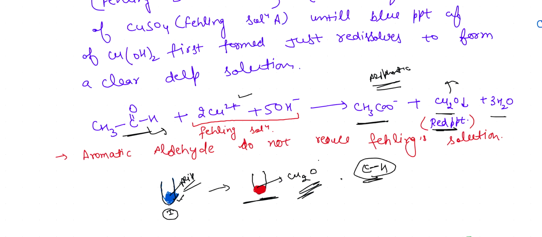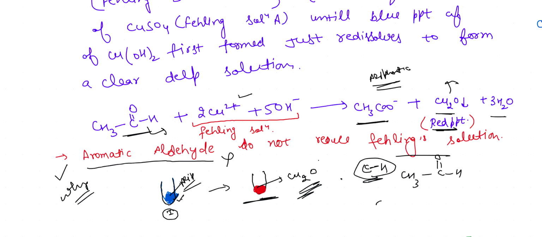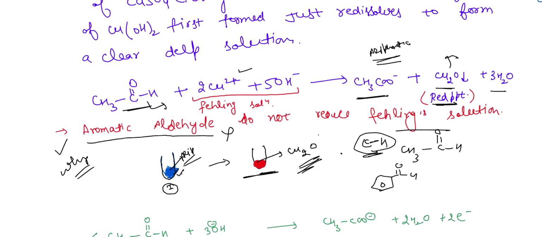And the next one I told you, aromatic aldehyde does not reduce Fehling solution. Why? If we look at the structure of aliphatic aldehyde and aromatic aldehyde, in case of aromatic aldehyde, phenyl is an electron withdrawing group.